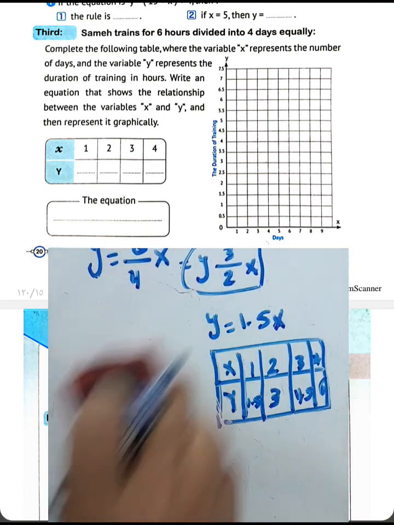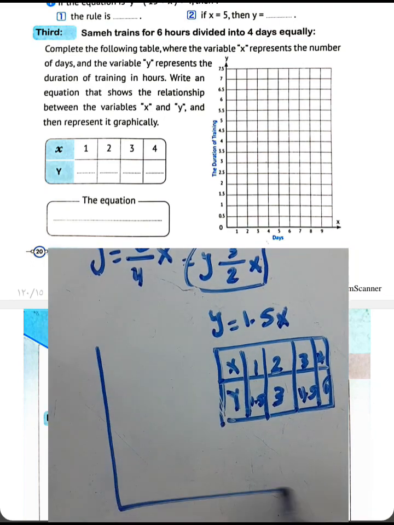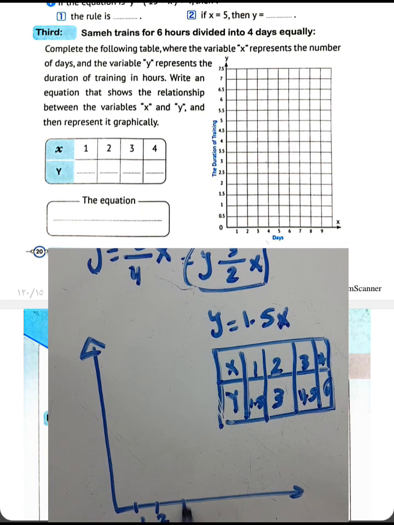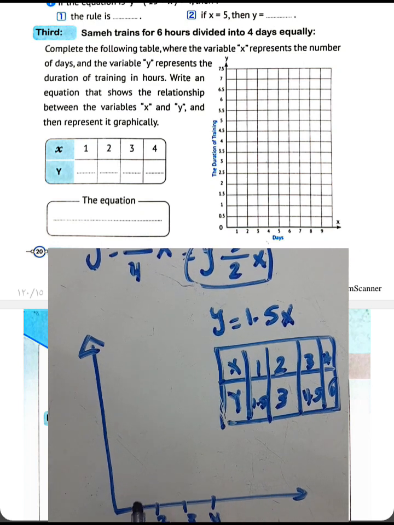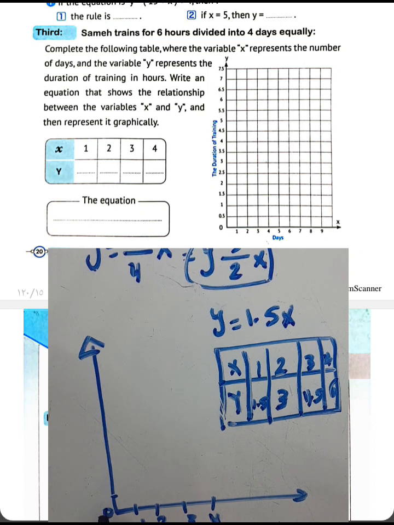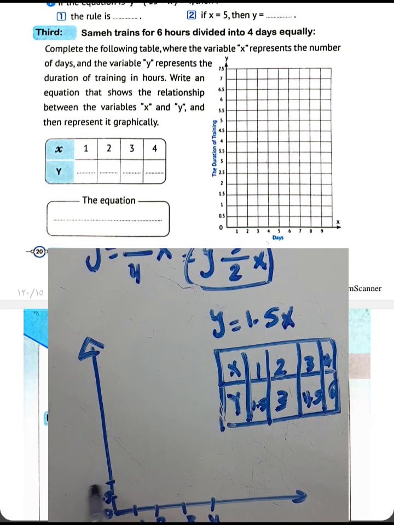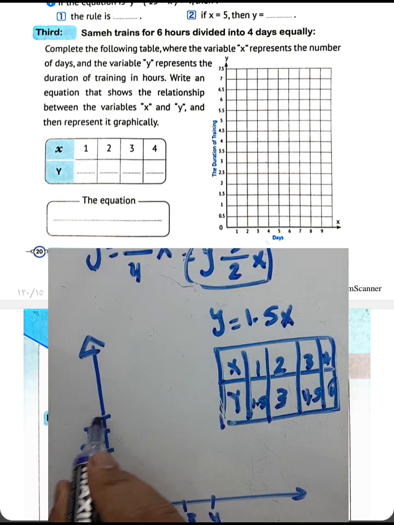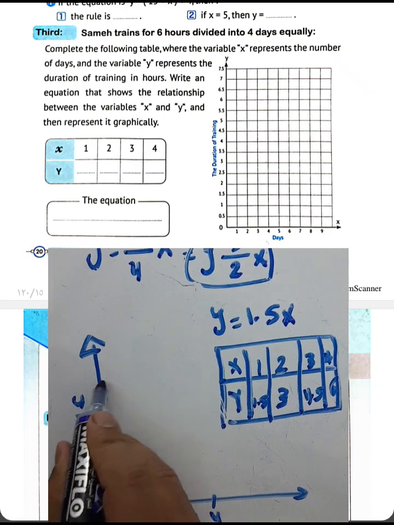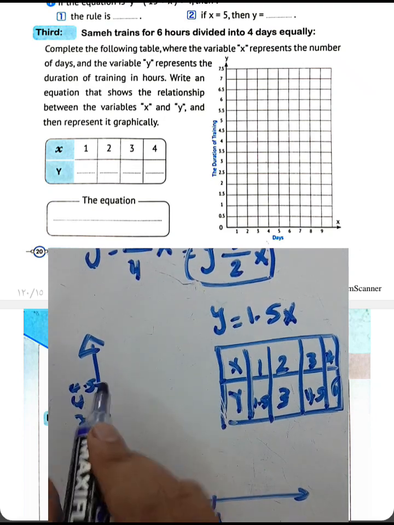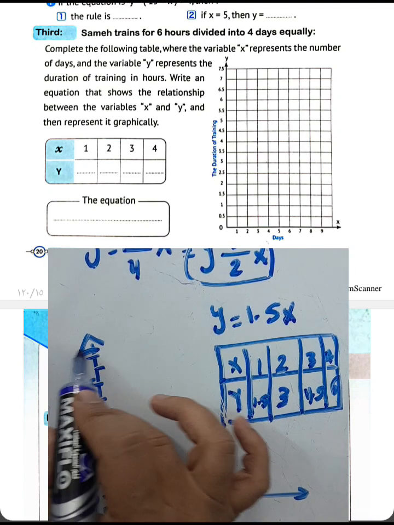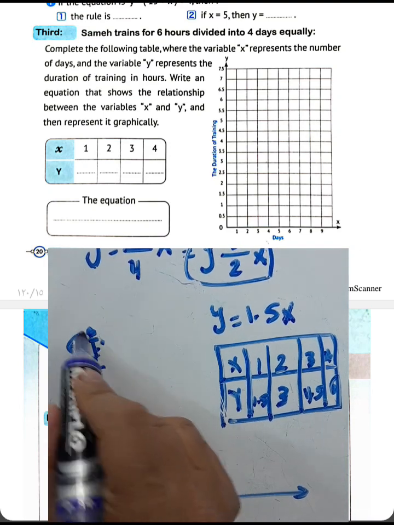For x we have 1, 2, 3, 4, and for y, all the time we must add half: 0.5, 1, 1.5, 2, 2.5, 3, 3.5, 4, 4.5, 5, 5.5, 6.